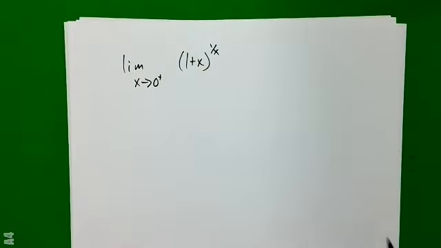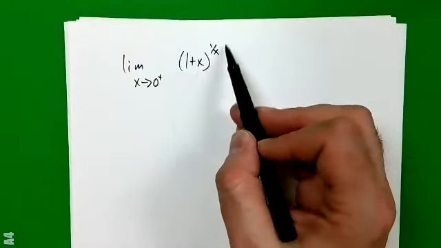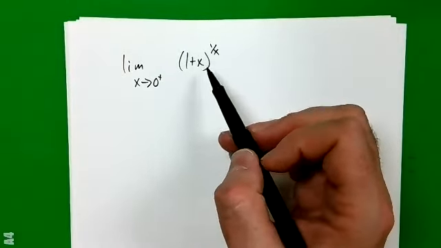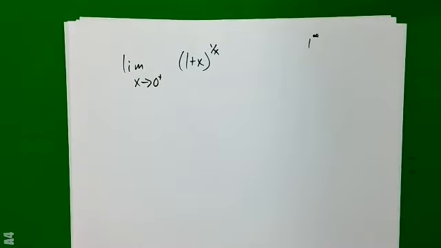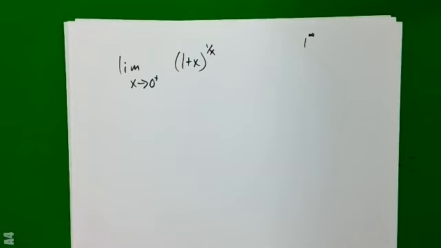If you look at this, the base is approaching 1 and the exponent is approaching infinity. So that's a 1 to the infinity indeterminate form.